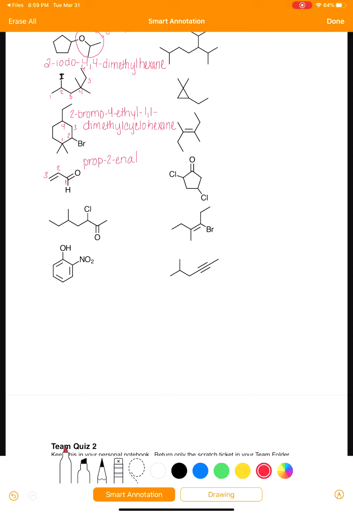Down below we have a ketone. We want to give that carbonyl group the smallest possible number, which means we're going to be numbering from right to left. Putting our substituents into alphabetical order gives us 3-chloro, 5-methyl, 2-heptanone.